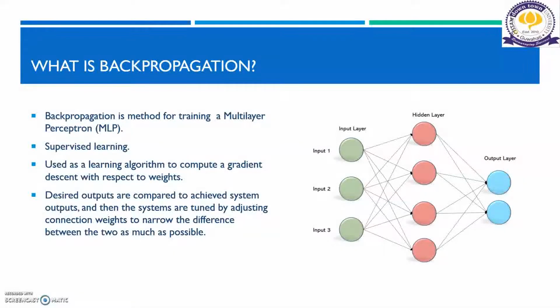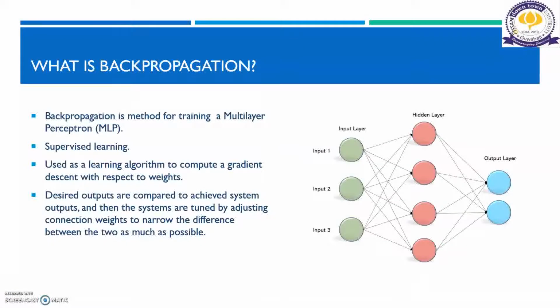That means it will calculate the error. How will it calculate the error? By comparing the output with the target. So desired outputs are compared to the computed output and then the system adjusts its parameters like weights and bias in order to minimize the error.